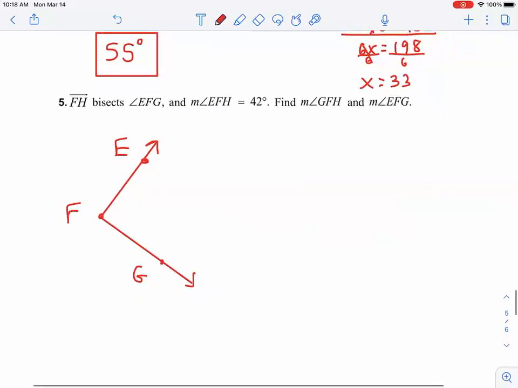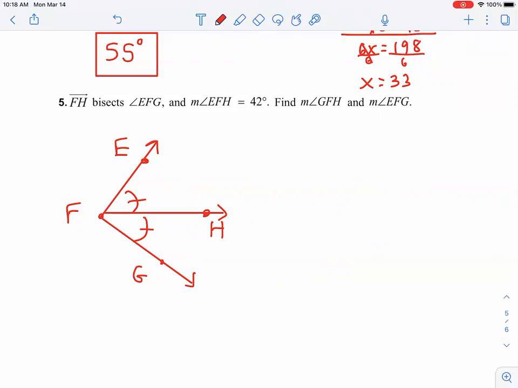And it says that FH bisects the angle. Okay, so FH bisects the angle. So notice I put those little hoops in there. That tells the reader that those two parts are congruent.